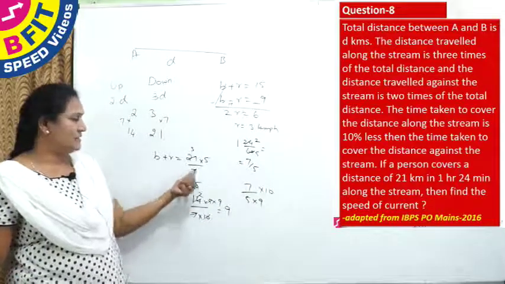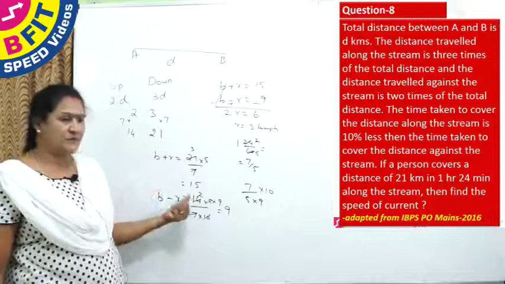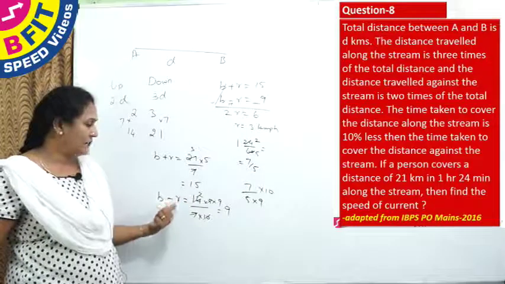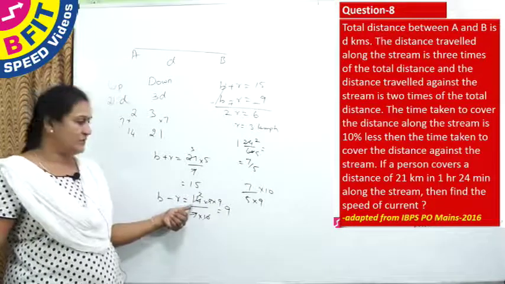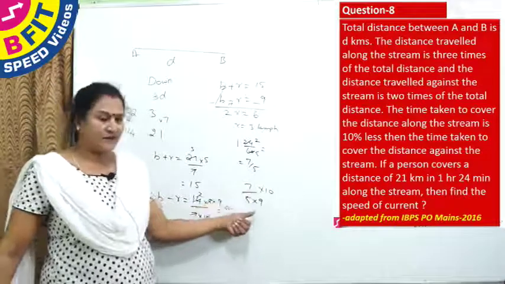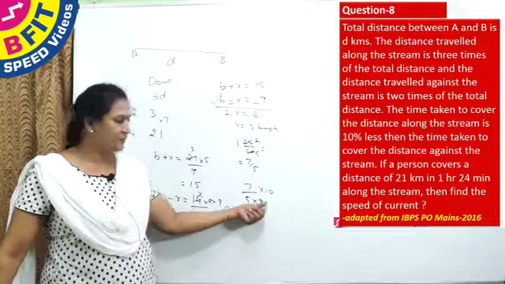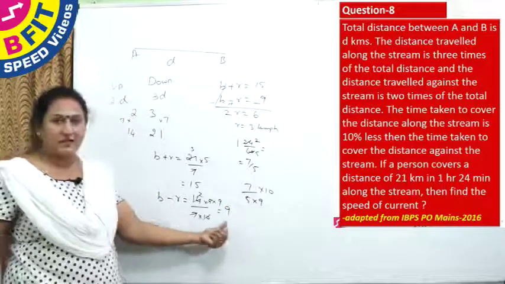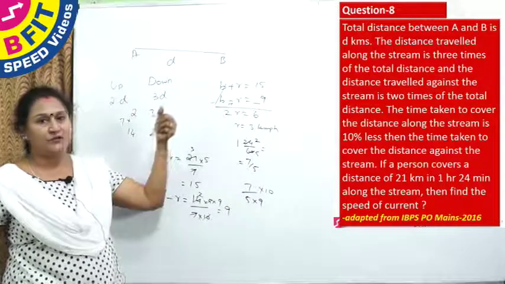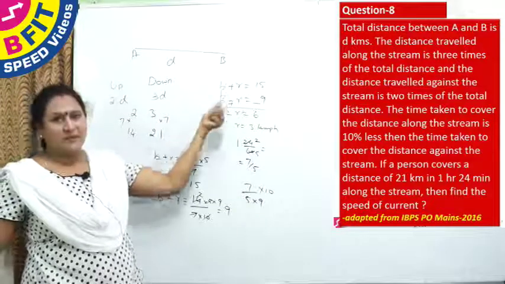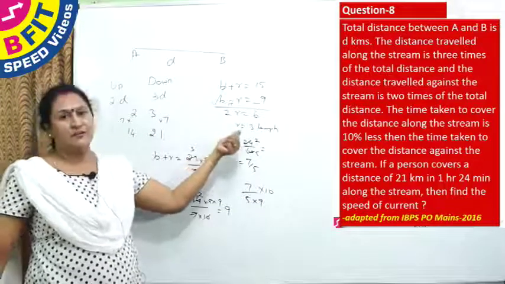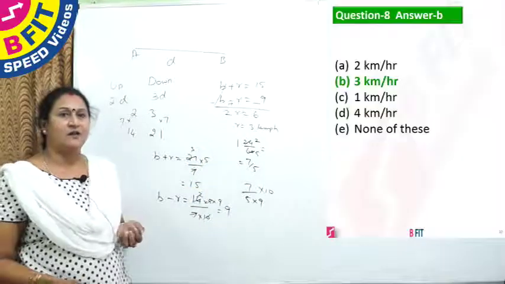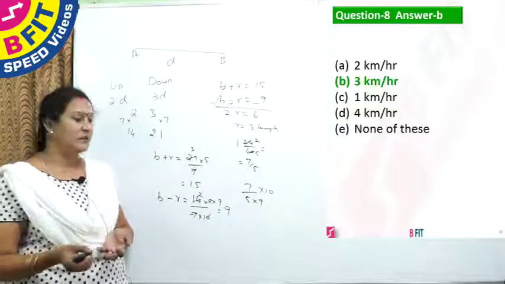So B plus R is 15, the downstream speed is 15. To calculate upstream, 2 parts of the distance, and for 7/5 as 9 parts, divide by 9, multiply with 10, we get upstream time, and upstream speed is 9. So solving B plus R and B minus R, we get river speed is 3 km per hour. And our answer is option B, 3 km per hour.